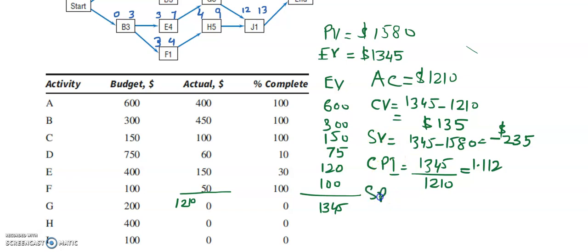And the schedule performance index is equal to 1345 divided by 1580, which is 0.851.